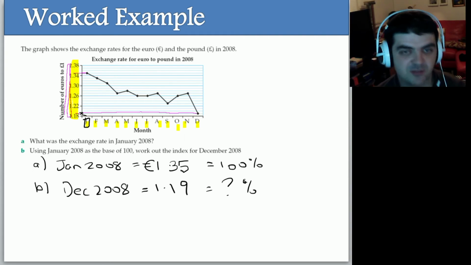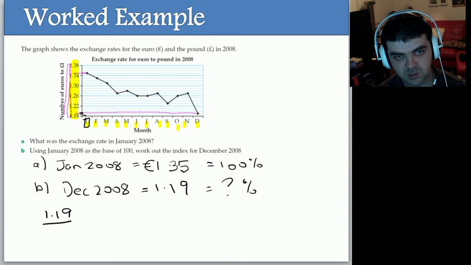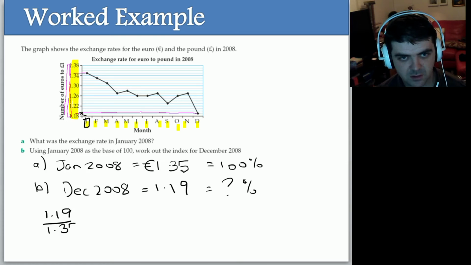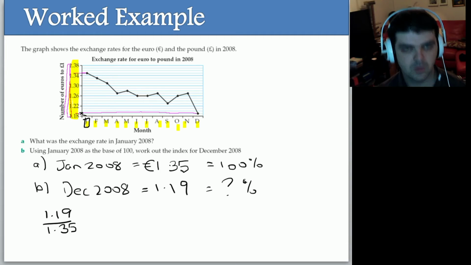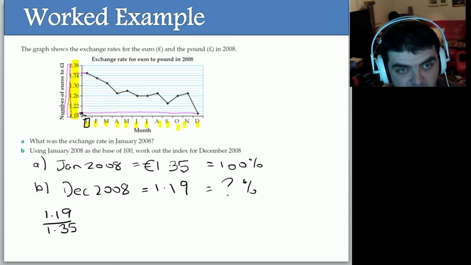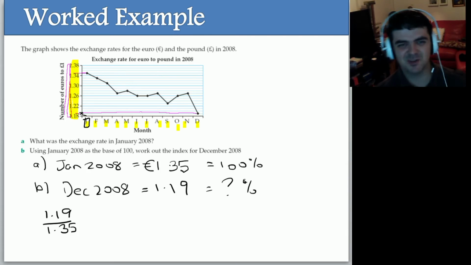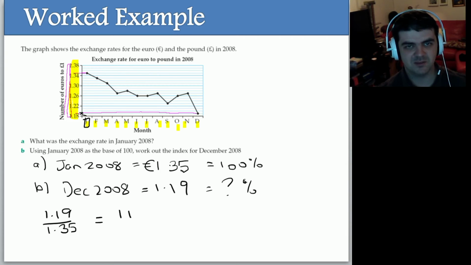So the easiest way to do it, I think, is probably to turn that into a fraction. So what is 1.19 out of 1.35? As you see, we have a mixture of decimals and fractions there, which we don't really like, so I'm going to turn them both into pence, to remove the decimal from both of them.